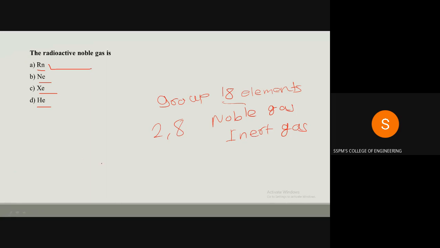Radioactive elements occur in groups 16, 17 and 18. Each of these 3 groups has one radioactive element. In 16 it is polonium, in 17 iodine and in 18 radon. So these 3 groups contain one radioactive element each. If a radioactive halogen is asked, iodine is the correct answer. In group 16 polonium is radioactive and in 18 radon is radioactive.